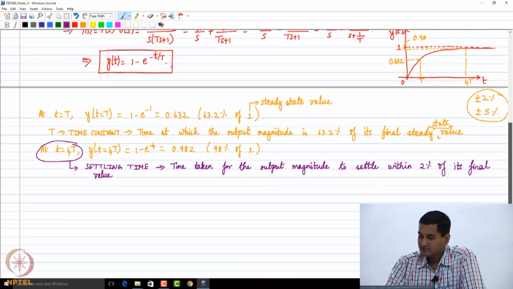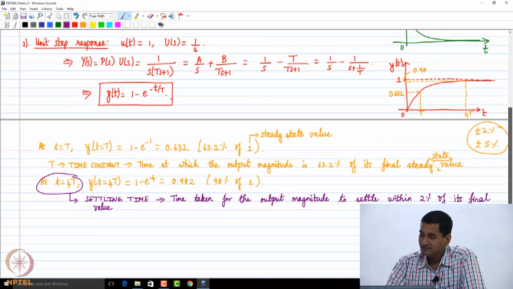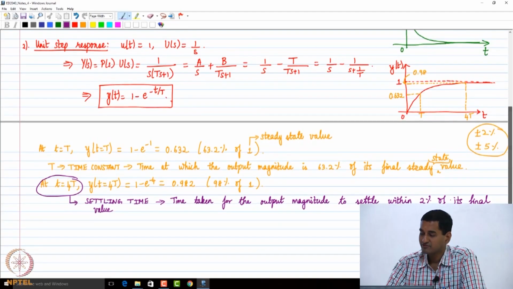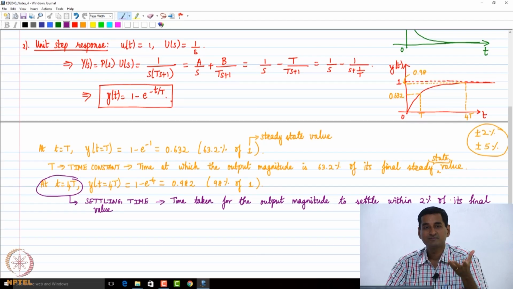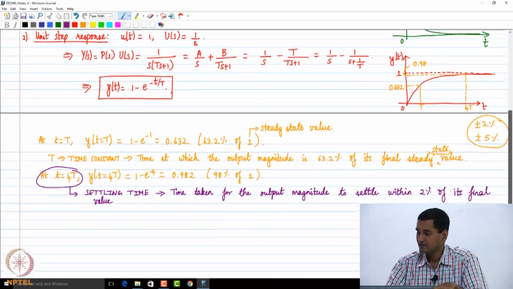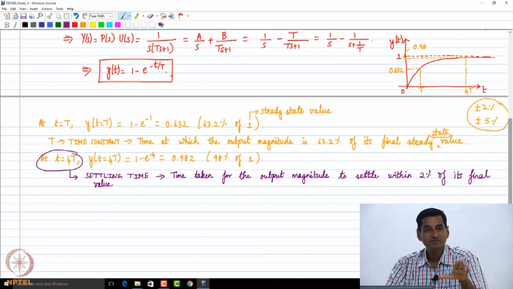So one can immediately observe that the time constant capital T is a very important parameter for us. Essentially that quantifies how fast my system response is, and dynamically it's of great use to us when characterizing the speed of response. That's why we would typically encounter questions like, what is the time constant of the system?